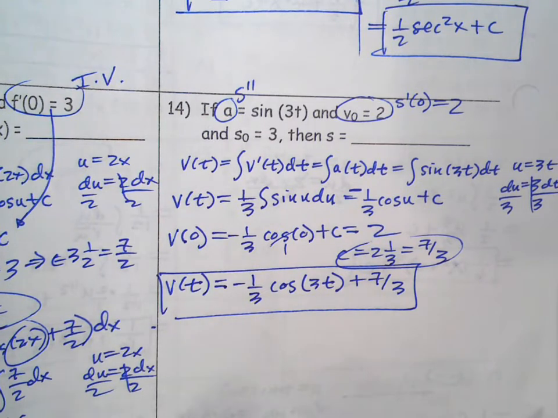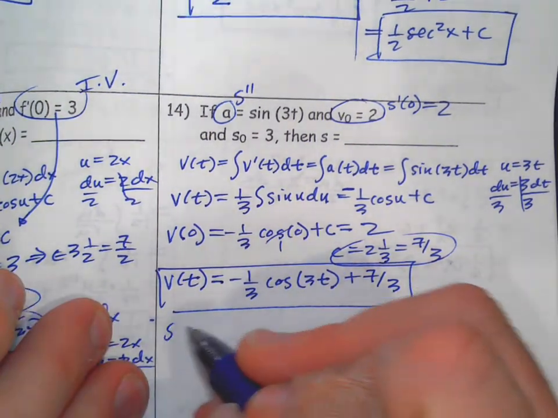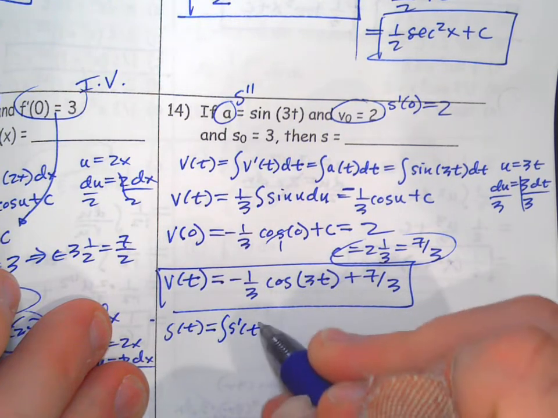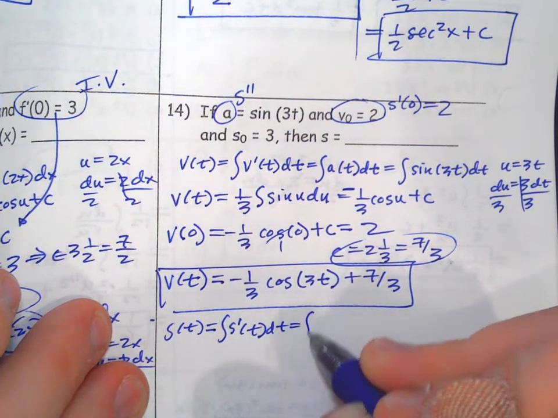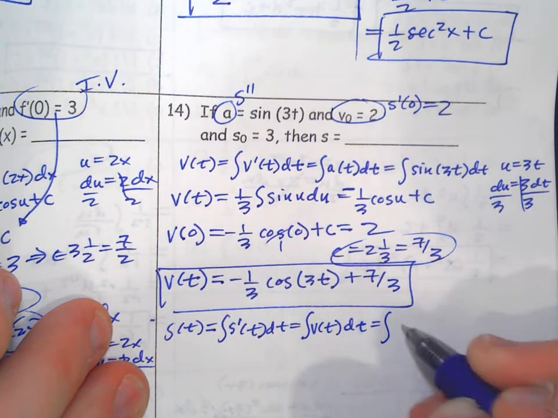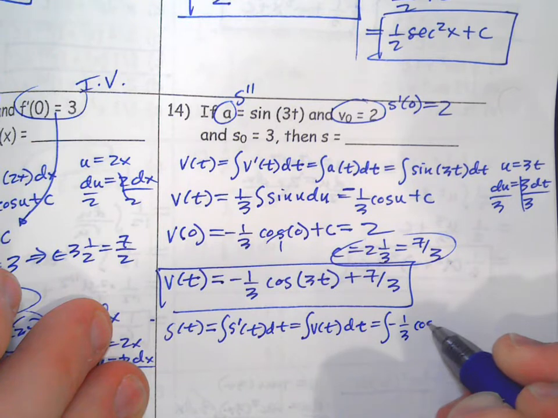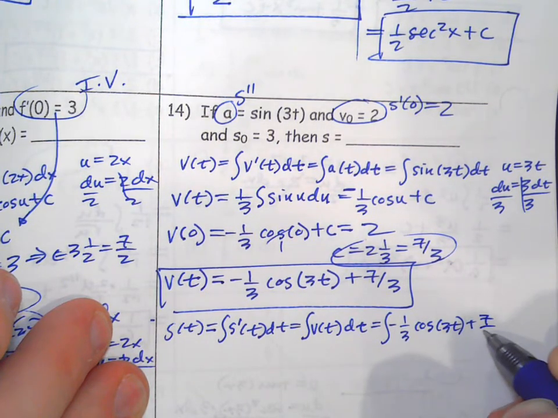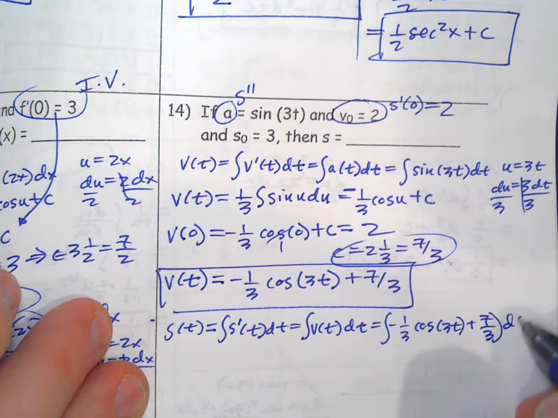It's the velocity. So position is going to equal the integral of s prime. And s prime is the same thing as the velocity, which we just found, which is going to be the integral of negative 1/3 cosine 3t plus 7/3 dt.